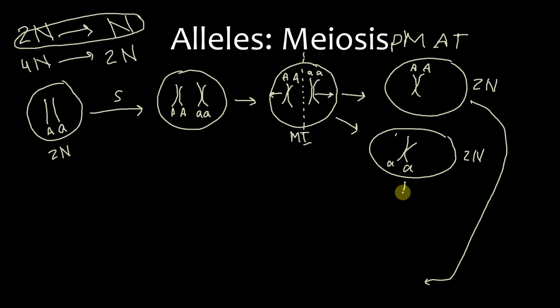So now we have these. We're ready to go to meiosis 2. Let's look at what happens at the metaphase plate of meiosis 2. Let's do this one with the little a alleles first. So here's the metaphase plate. Here is metaphase 2. How is this going to line up? Well, in this case, there's really only one way.